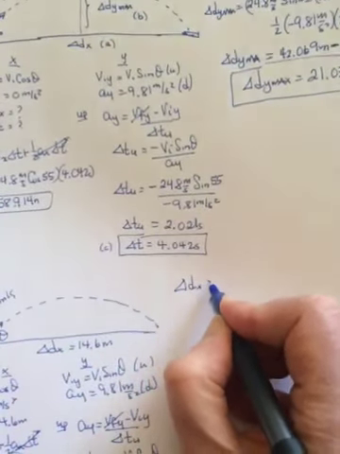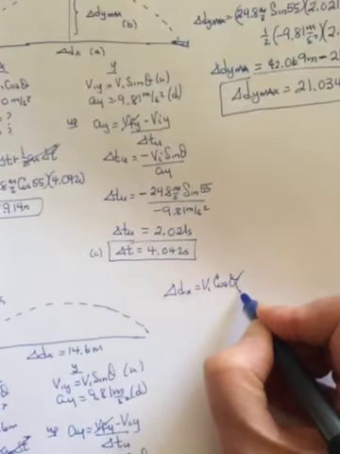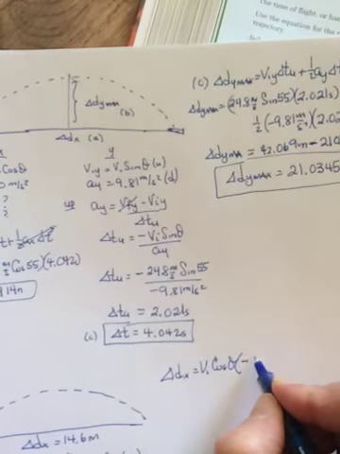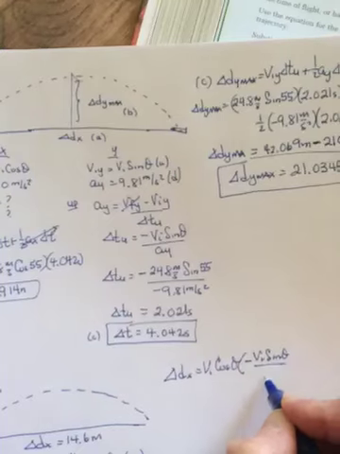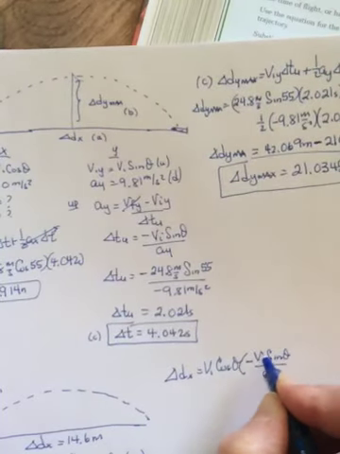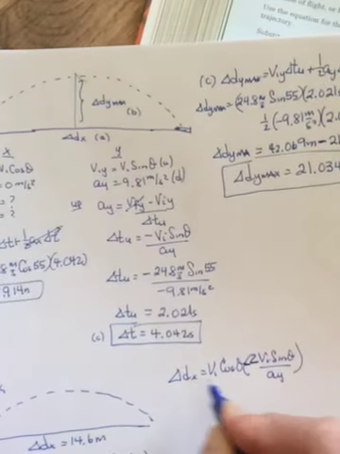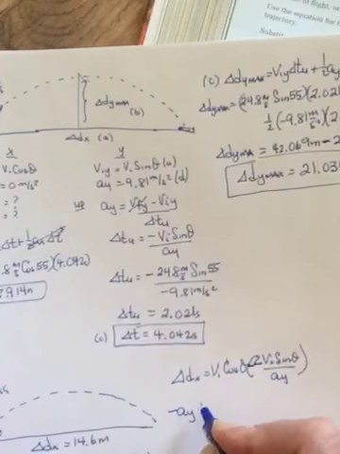delta dx is equal to VI cos theta, and where delta t is, I'm going to write negative 2 VI sine theta over AY. I lost the 2. Okay, so bring the negative and the AY over here.